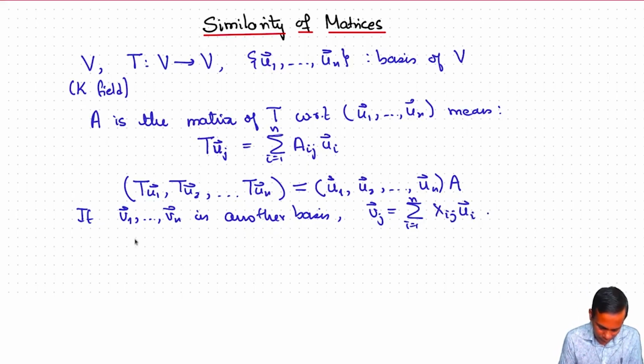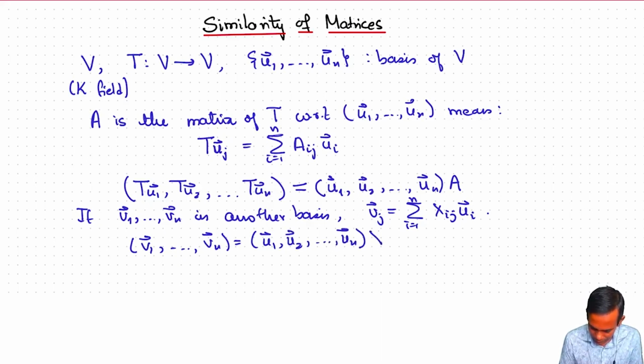We can write this equation in vector notation as (v1, v2, ..., vn) = (u1, u2, ..., un) times X.